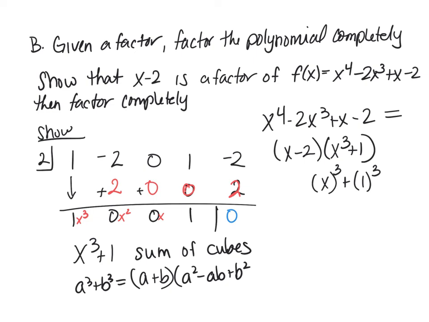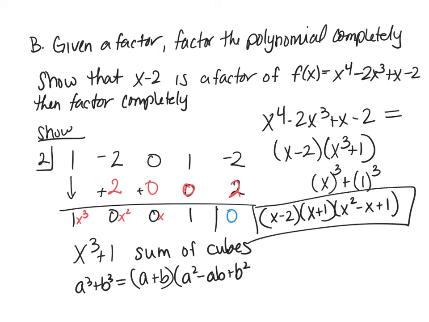So my a is x and my b is 1. So that's x plus 1 times a squared, that's x squared, minus ab, that's 1 times x, minus x, plus b squared, that's 1 squared, is 1. And then the rest of my factor is x minus 2. So that's my final factorization.